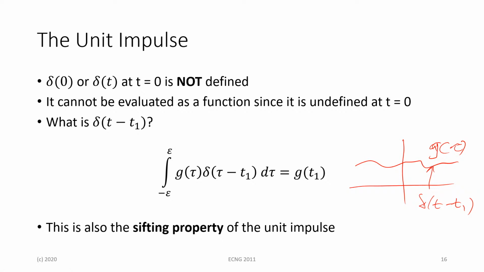And to get this instantaneous value here, this is just going to be g of t1. So the maths here with the unit impulse and time shifting relates to how we obtain this g of t1 value. And this also refers to the sifting property of the unit impulse as well.